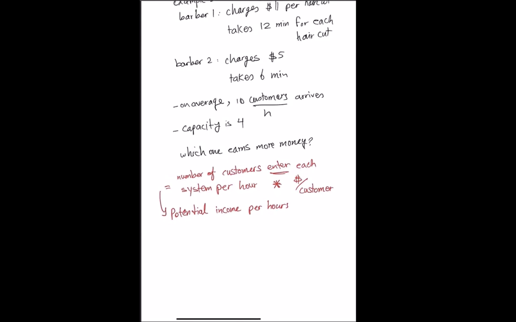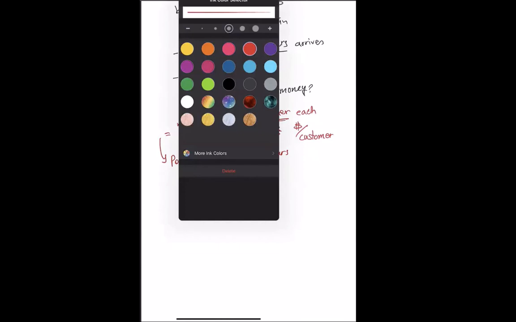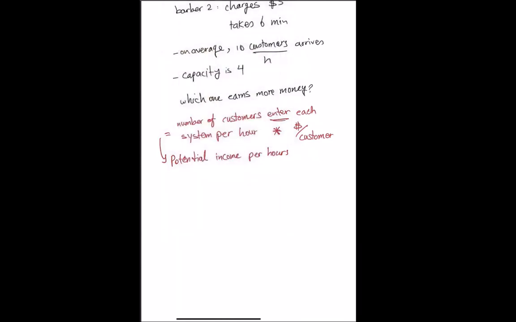So what should I calculate? The number of customers that enter the system per hour for Barber 1. Question, Professor. Shouldn't we look at the people that exit the system? Because that's when they pay. But how do you calculate exit?